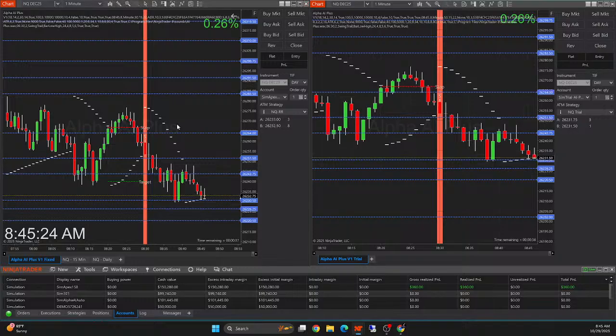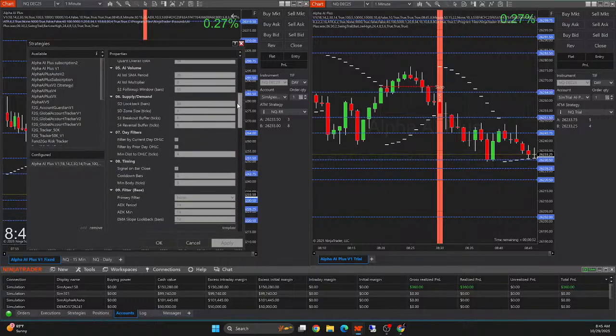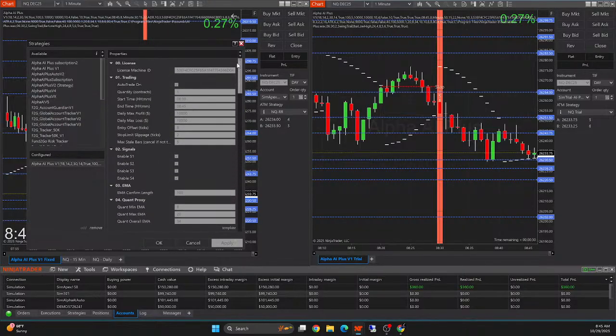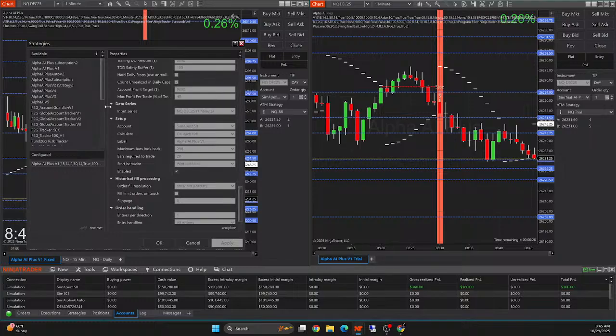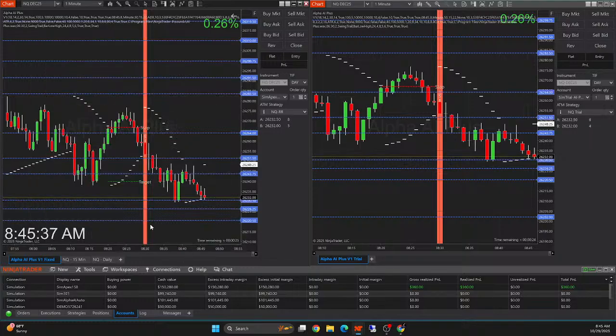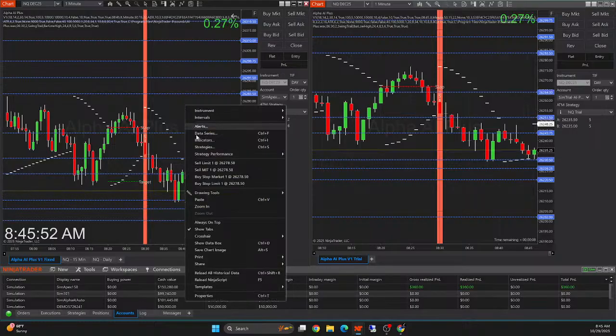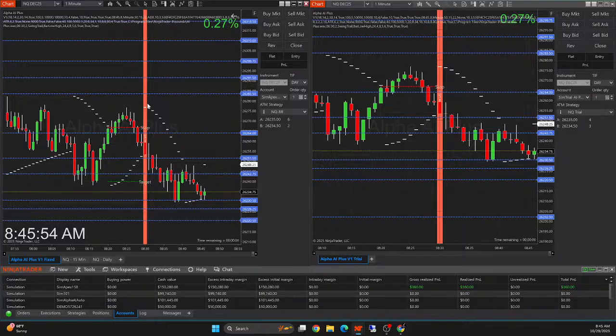Just make each strategy use a different account. What's the problem with that? Each strategy should have a different account. Do not add the same template on the same account. Different account, and that should be it. Make sure each template has a different account.